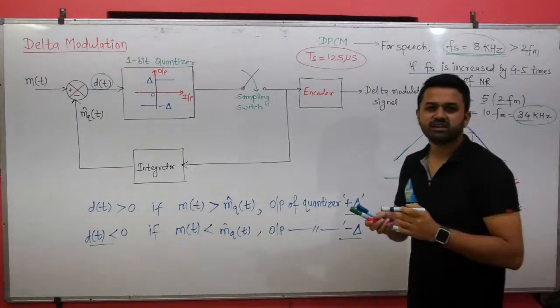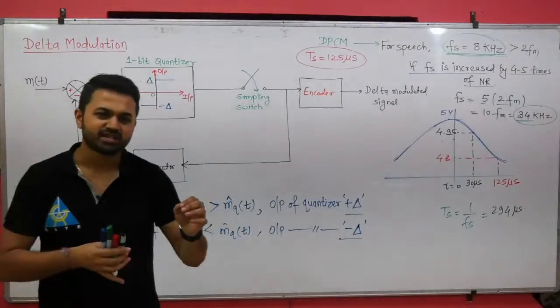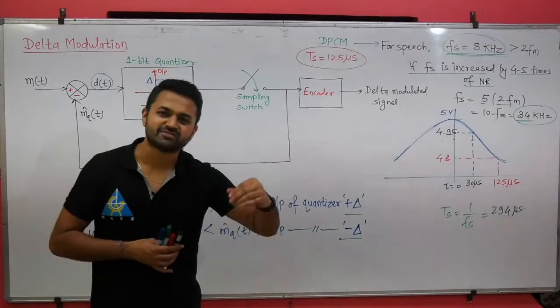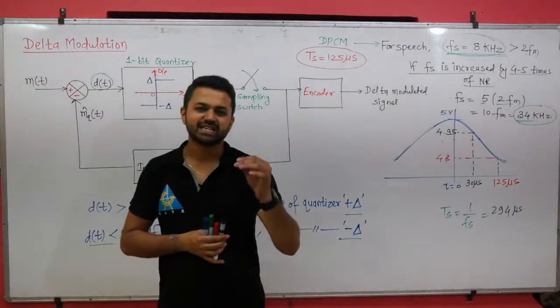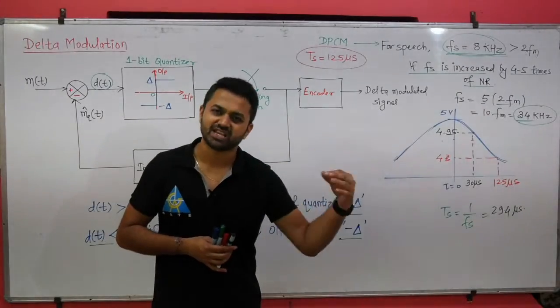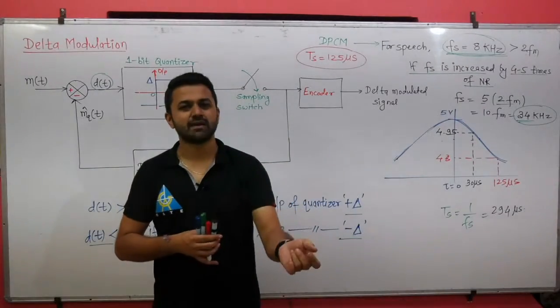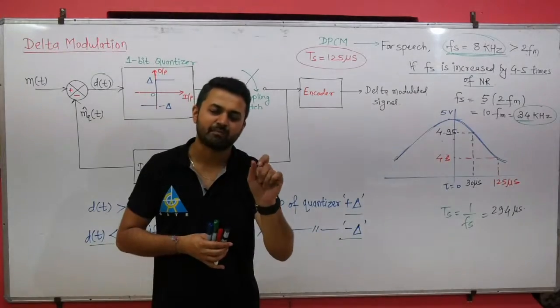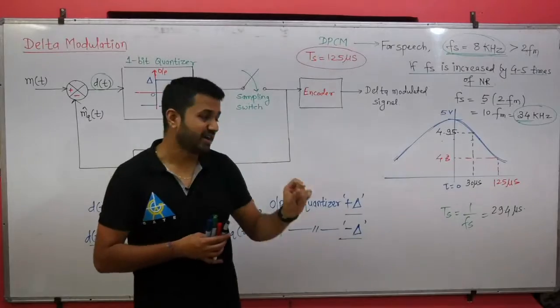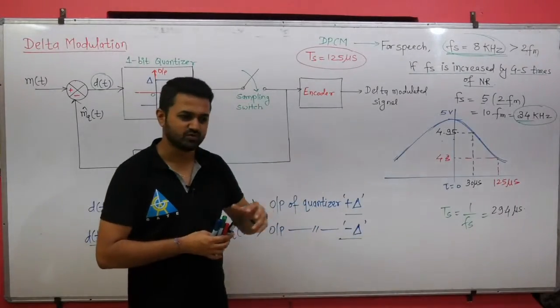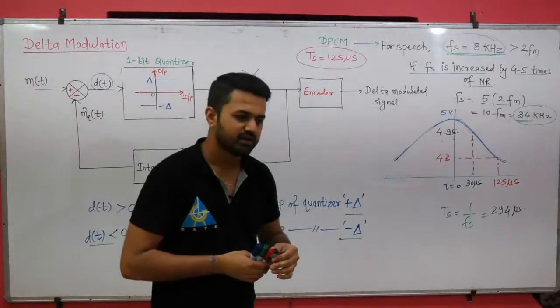It might be 4.95 something, because you are taking the samples very fast and you know the behavior of the speech signal. The speech signal doesn't change very fast. That means the sample you get will have a very small difference from the previous value. Is it clear?